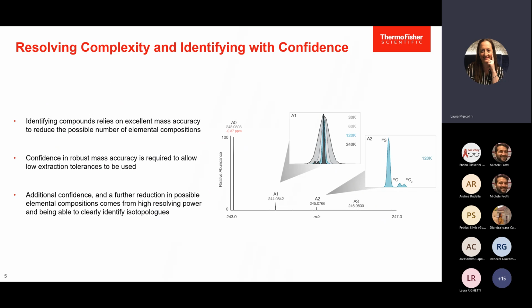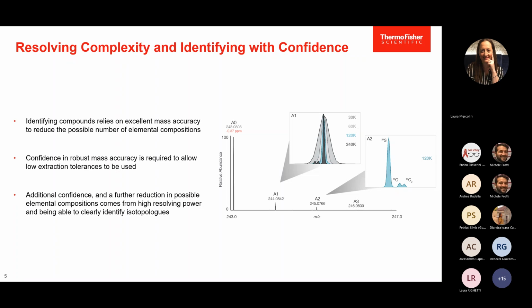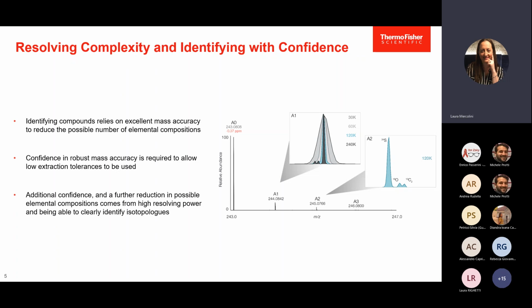As you can possibly know, I see some faces that already use our technologies. So the resolving complexity of the matrix, as our colleague has perfectly gone over, and the resolving power of high resolution will help you not only resolve the complexity in weird matrices, but also identify components with reliable and excellent mass accuracy.